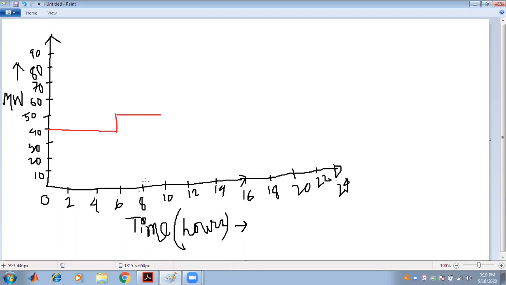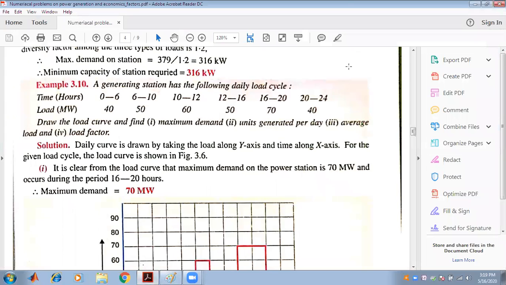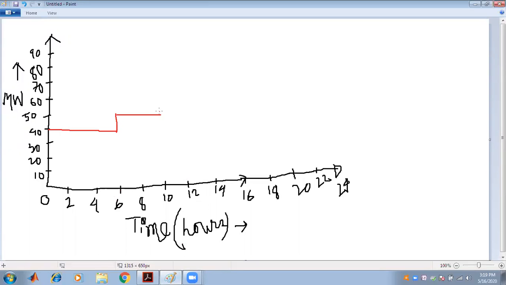Now, the next portion is given: from 10 to 12, demand is 60. For 10 to 12, the demand is 60.